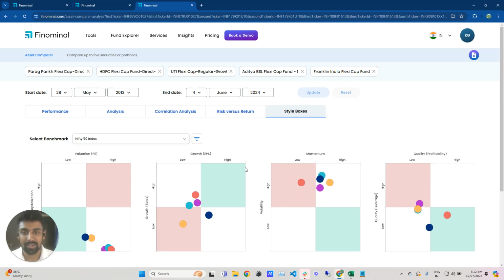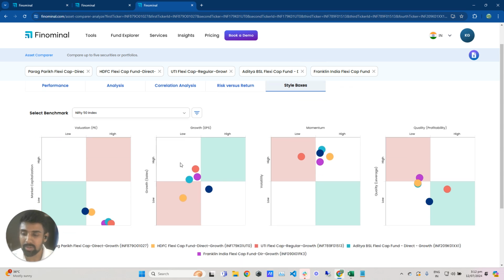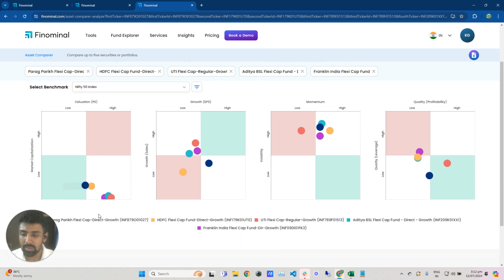Now let's look at a few interesting things about its fund structure and the fund style itself. You can see pretty much all the peers come under the low market capitalization category here. This is highlighted here, and you can see the market capitalization label.